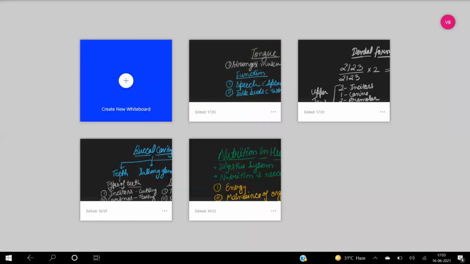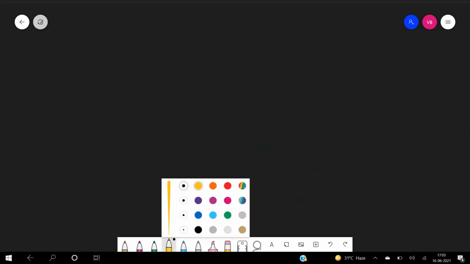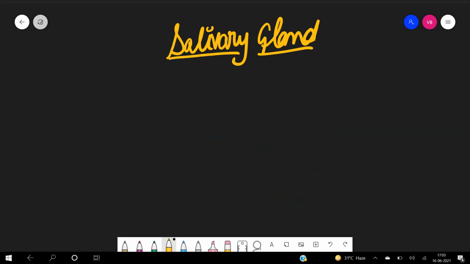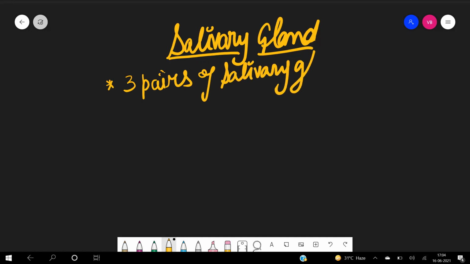Actually, inside the human mouth, we have glands. Glands are very small sacs present inside various parts of your body. So salivary glands are glands present inside the mouth, and we have a total of three pairs of salivary glands inside the mouth.